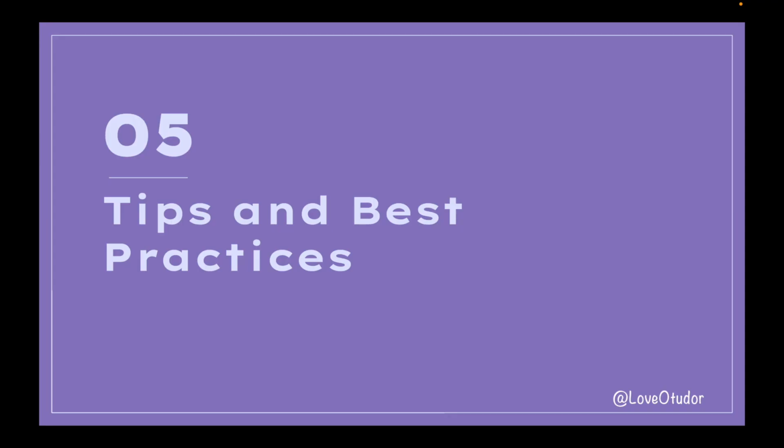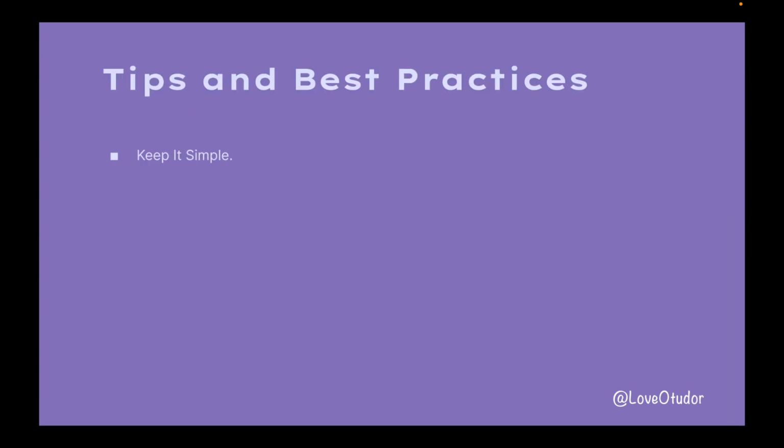Here are some tips and best practices to guide you when adding custom logic to your property getters and setters. Firstly, keep it simple. When implementing custom getters and setters, you should strive to keep your code as simple and as readable as possible.